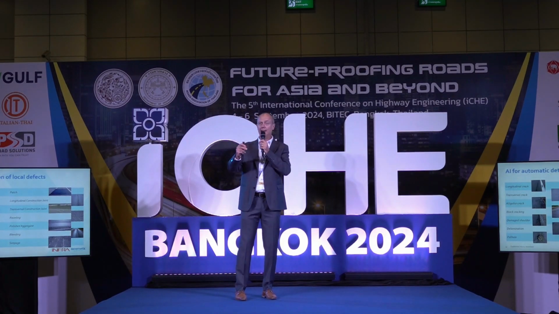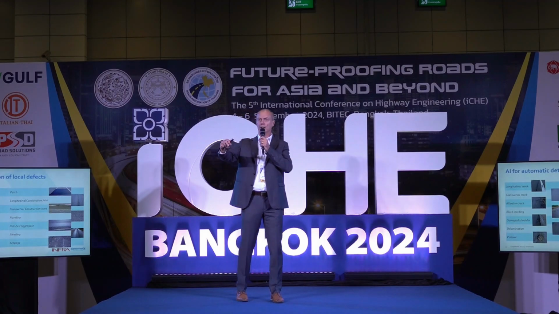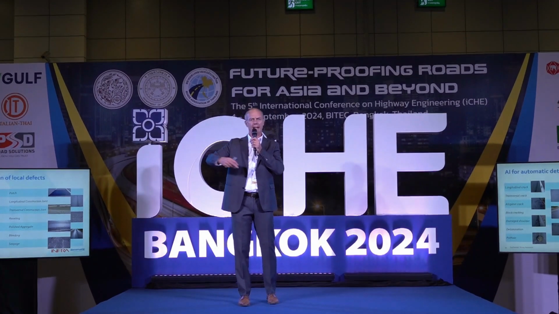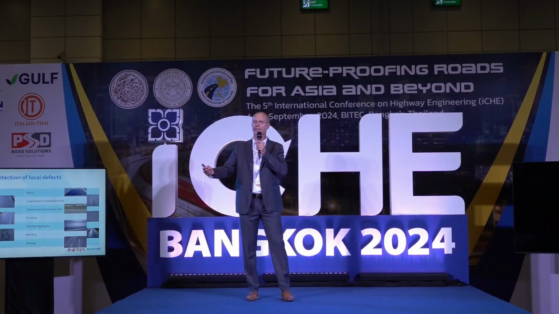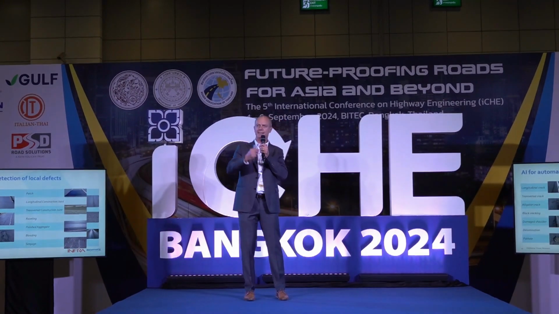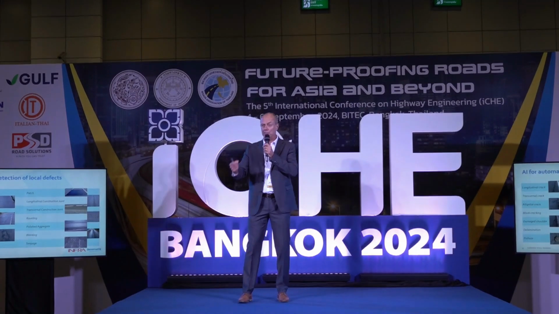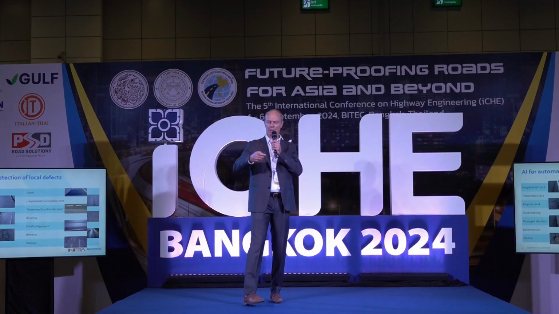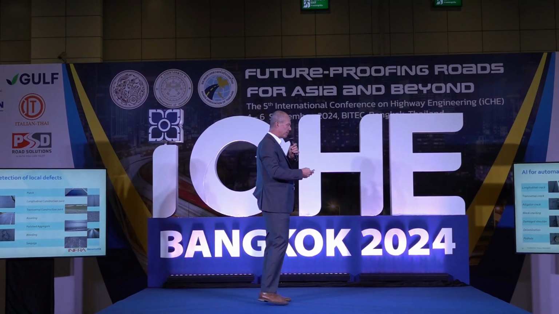If you have raveling, it's very easy. You clean it and then you put a slurry layer over it and the road will survive another 10 years. So this detailed information together with the geometry is very important to plan and to budget the future expenses of road management.